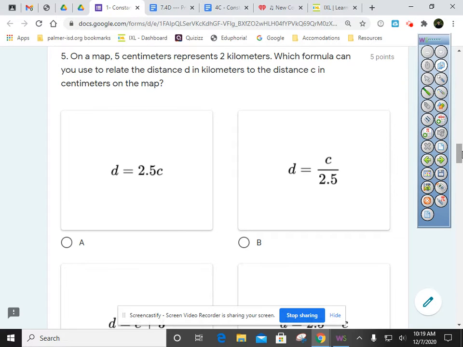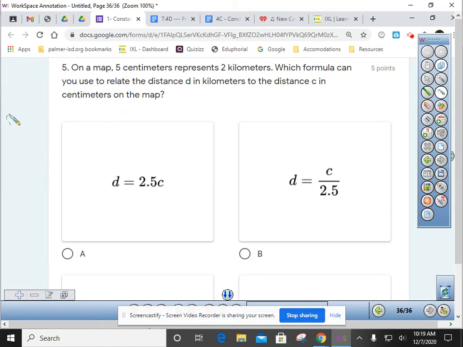Number 5. On a map, 5 centimeters represents 2 kilometers. Which formula can be used to relate the distance D in kilometers to the distance C in centimeters on the map? If it were me, I would write a proportion using the words centimeters, kilometers. Once you write that proportion, it wants to know the distance D in kilometers to the distance C in centimeters.